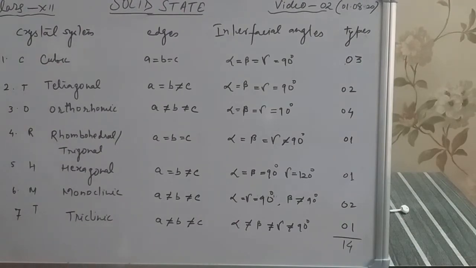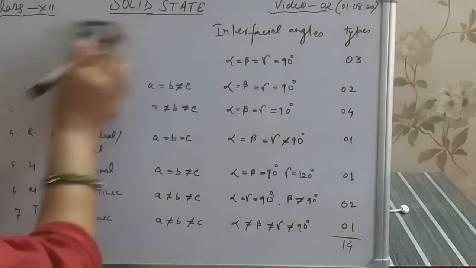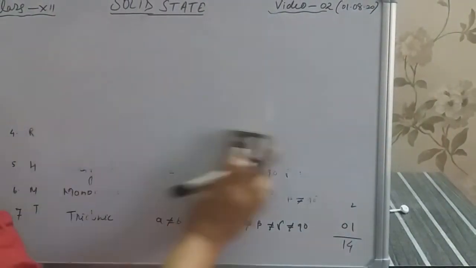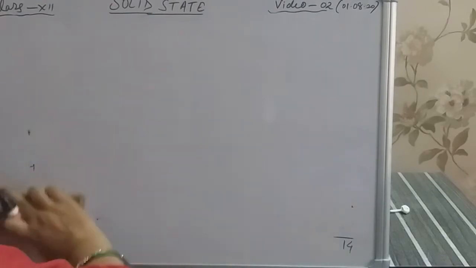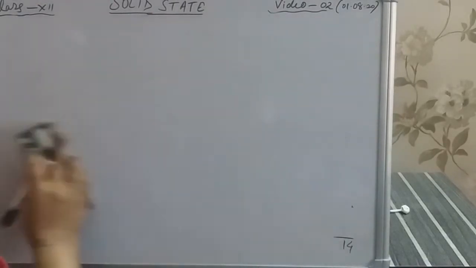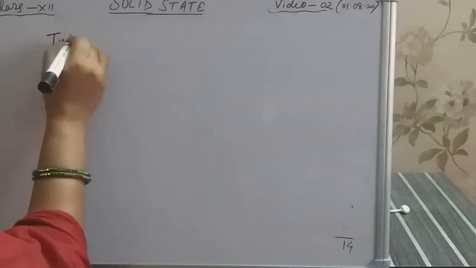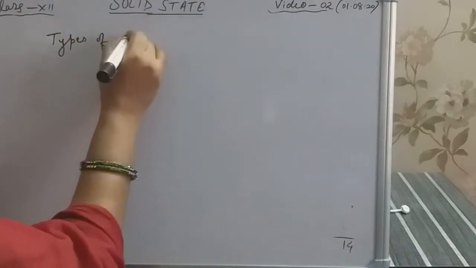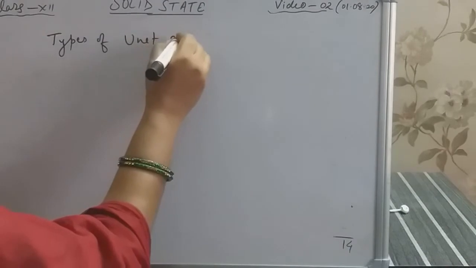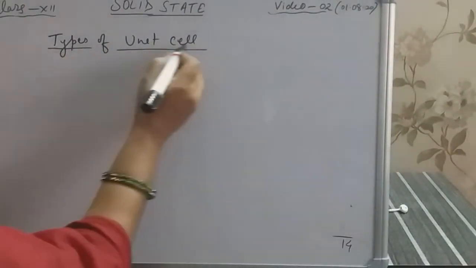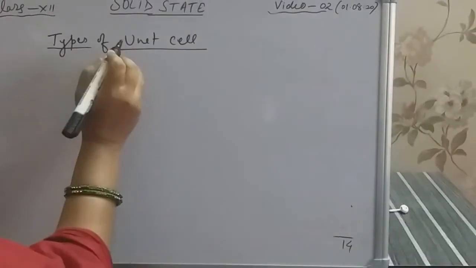Let's talk about the types of unit cell. Simply, we can divide unit cells broadly into 2 parts.